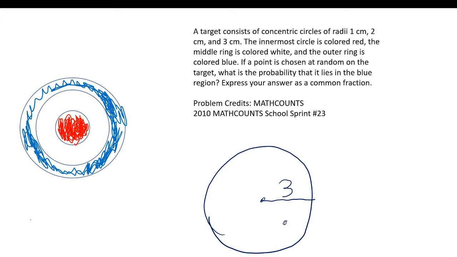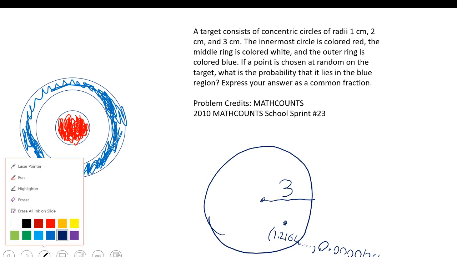For example, this can have coordinates of, I don't know, 1.2164, and the y coordinate could be something similar. We could have these weird points and we can't count all of them. There's an infinite number of points.